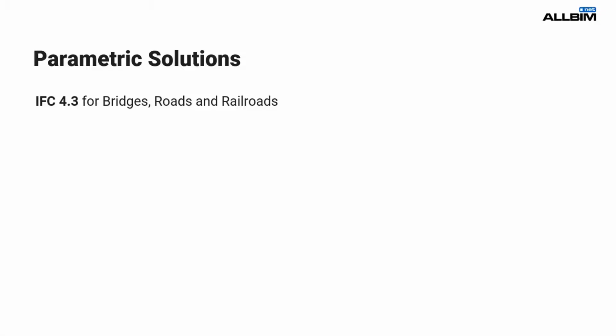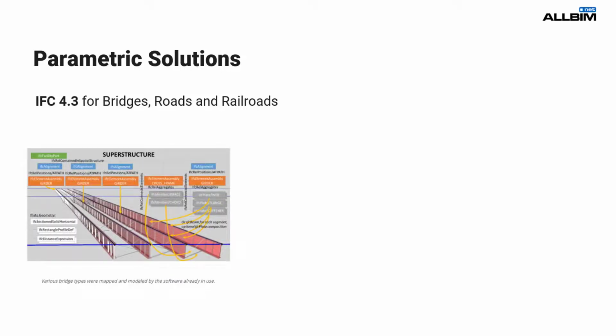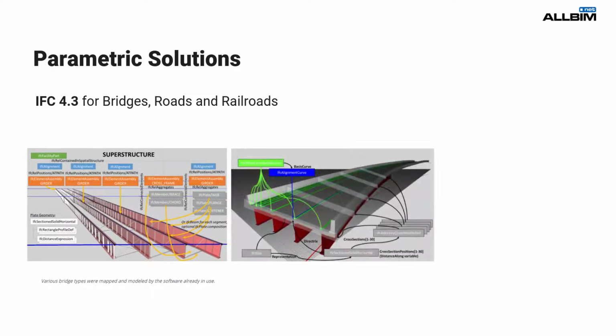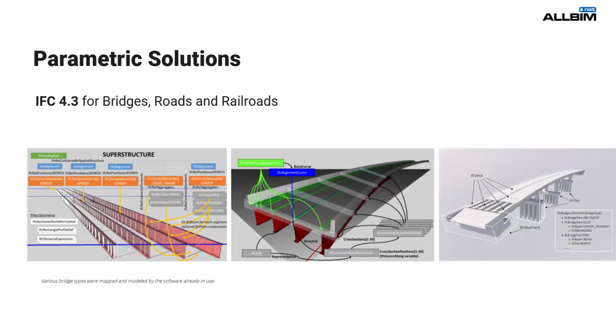IFC Bridge became an official project in buildingSMART in October 2016 and was initiated following the IFC alignment work. It has been extended with new definitions with IFC 4.3 that includes now bridges, roads, and rails in order to better explain and rationally define the specific details related to the objects in the infrastructure sector.